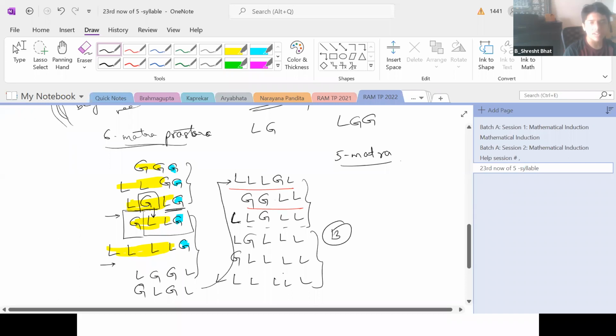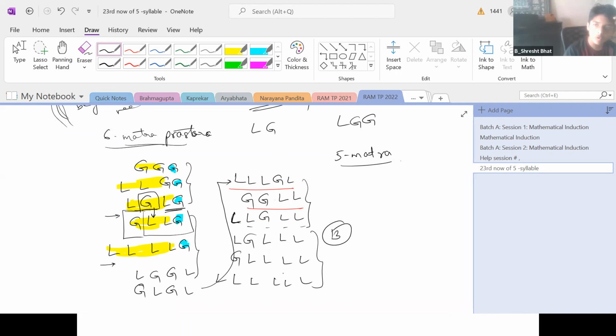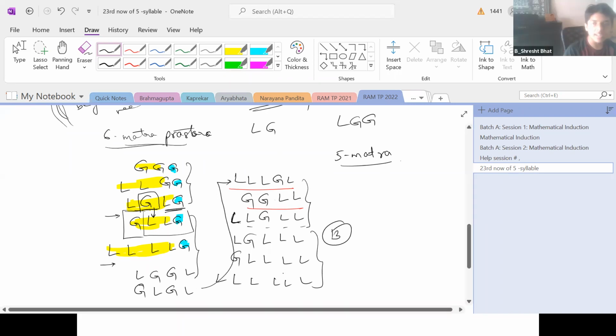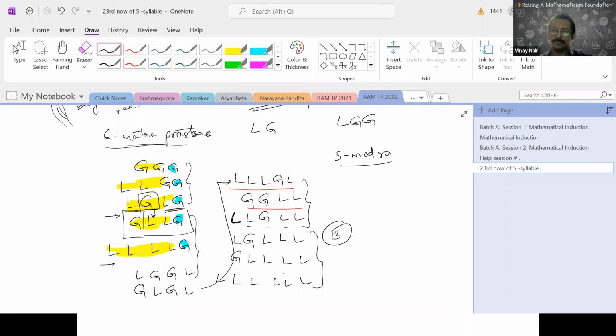I'm a little lost, Shresht. Oh yeah. So he said that the first 5 are the same as the 4 matra prastara, right? So then there's basically only one G at the right added. By the rule, you will only change that G to an L if there's no G behind it.